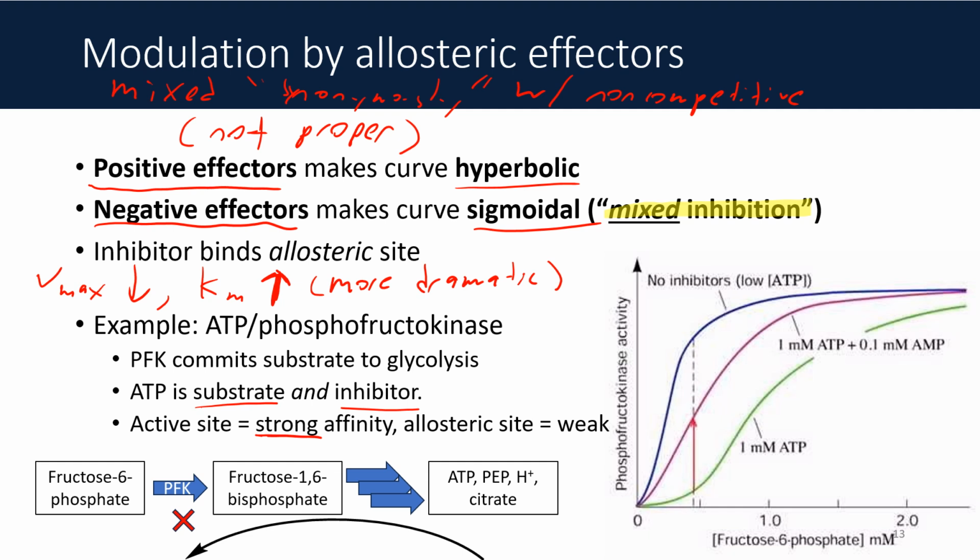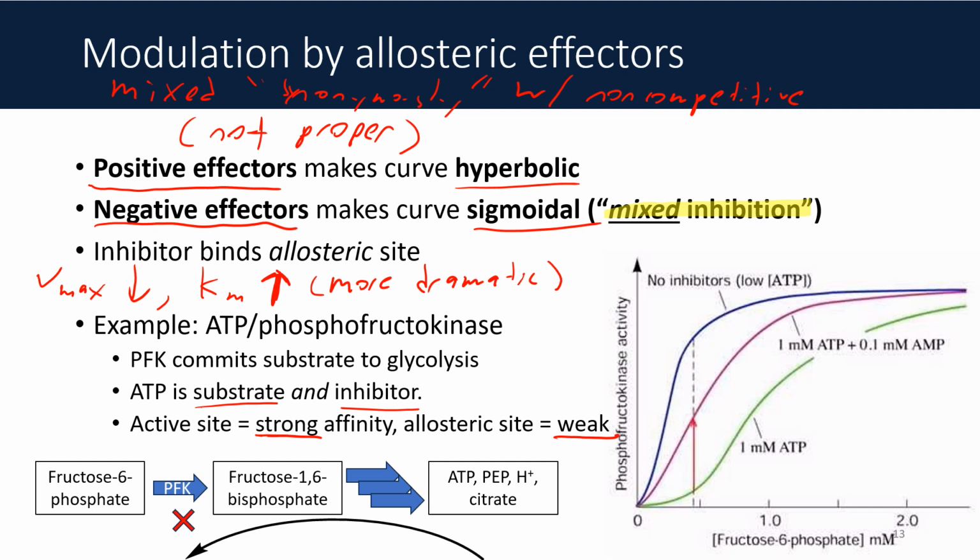However, if the cell begins to accumulate ATP, that means we are making energy and not using it. And biology likes to conserve its resources. So what do? Negative feedback. Those increasing ATP levels begin to induce a bind at the much weaker allosteric site, the regulatory site.